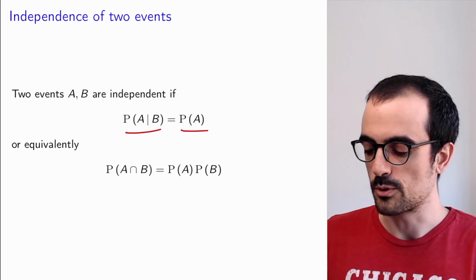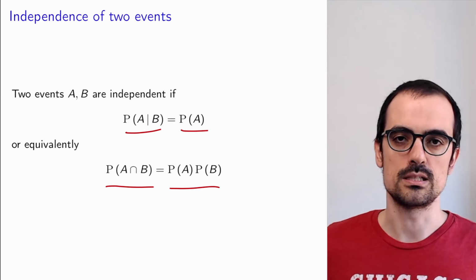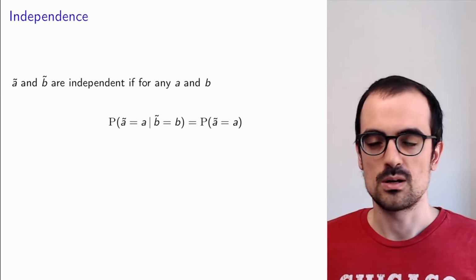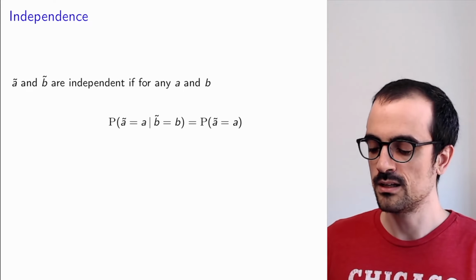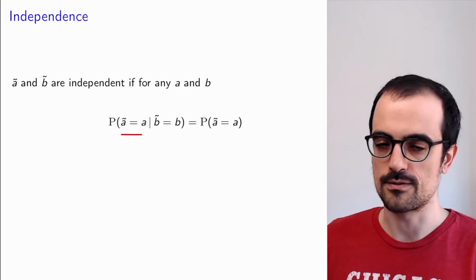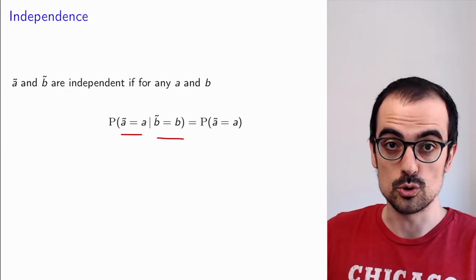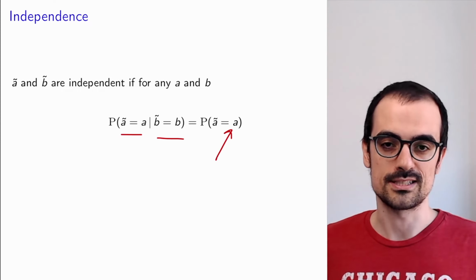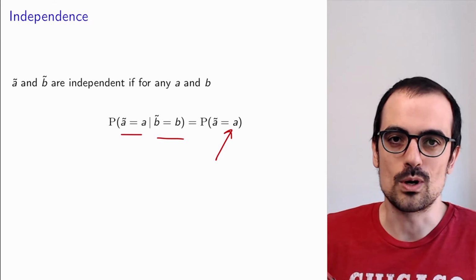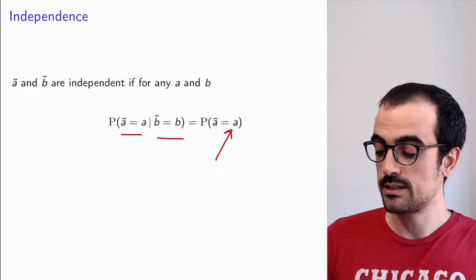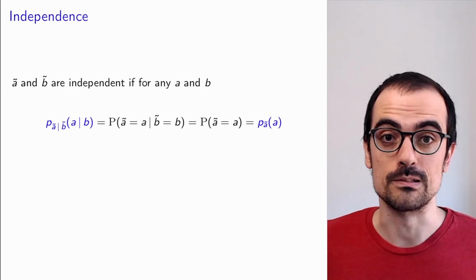Equivalently, if the probability of the intersection factors into the product of the individual probabilities, this is by the chain rule. Essentially the same thing for random variables, which comes from the fact that if we look at events of the form, the first random variable is equal to some value conditioned on the second random variable being equal to another value, if those conditionals are always equal to just the probability that the first random variable is equal to that value, then these two quantities are clearly independent, and we can encode this through the conditional PMF being equal to the marginal PMF for all possible values.